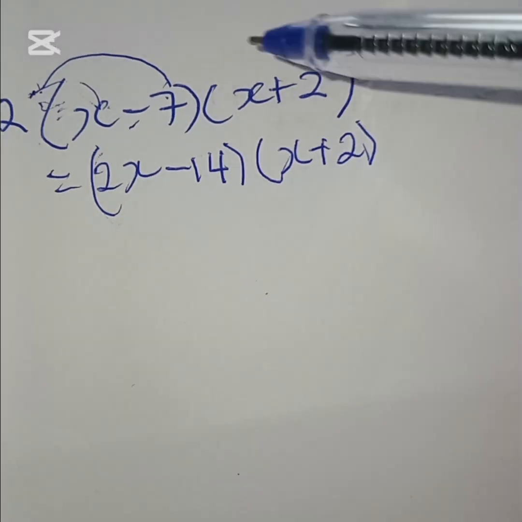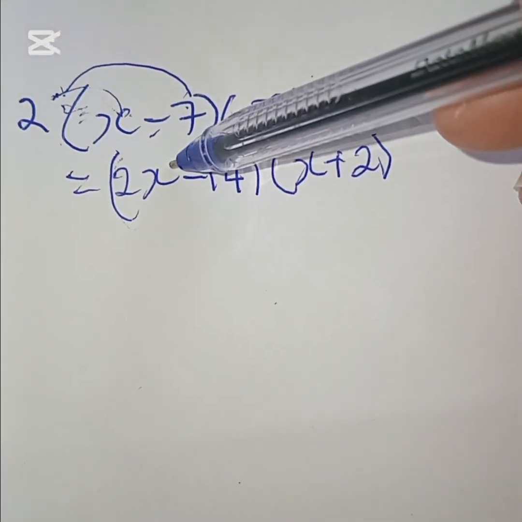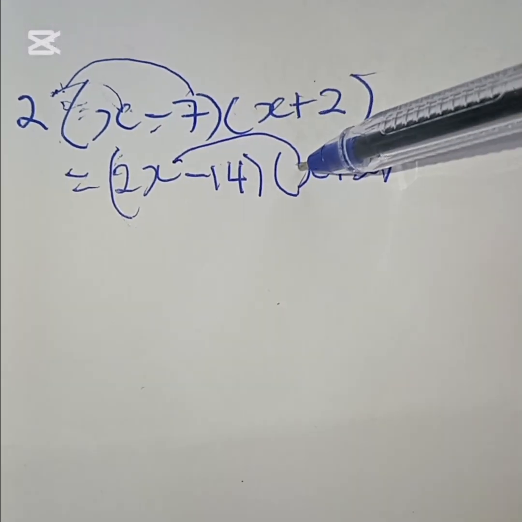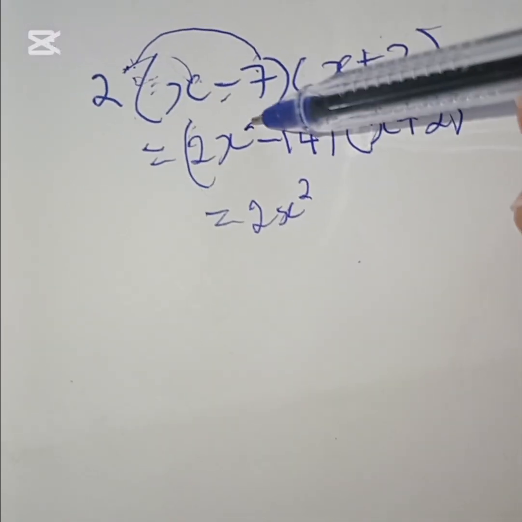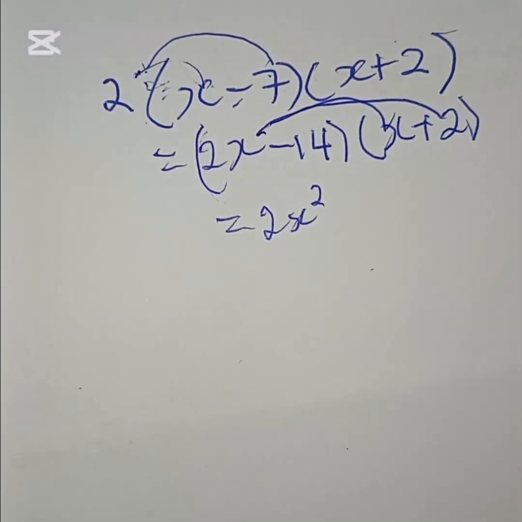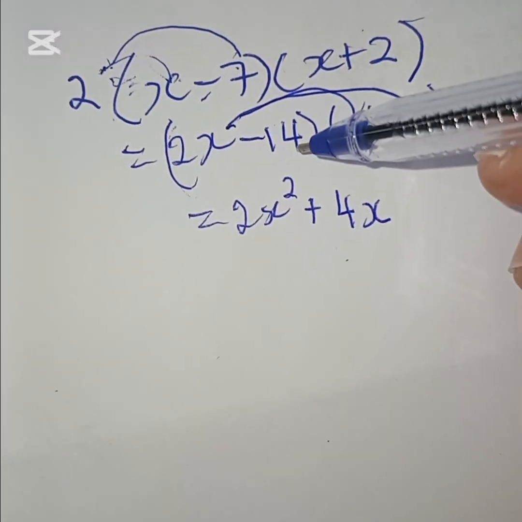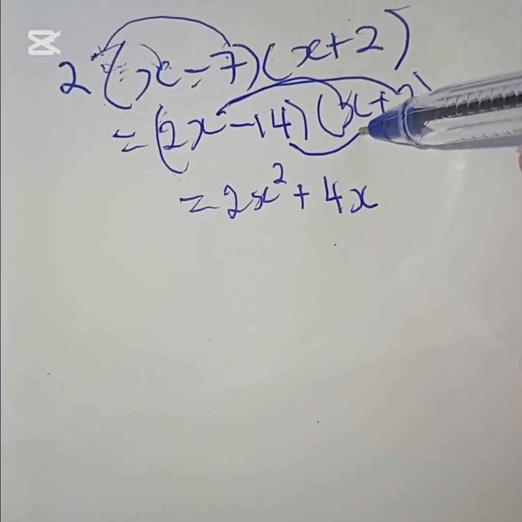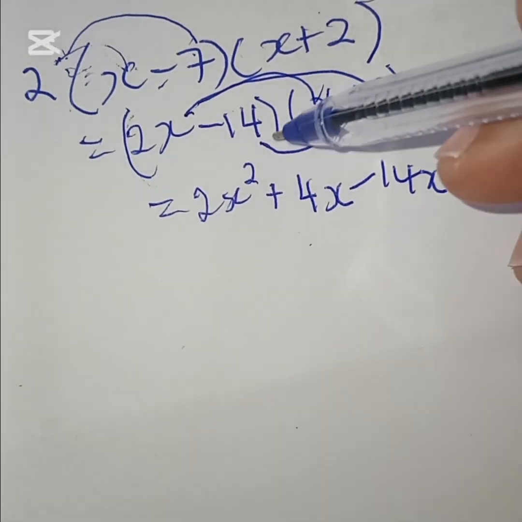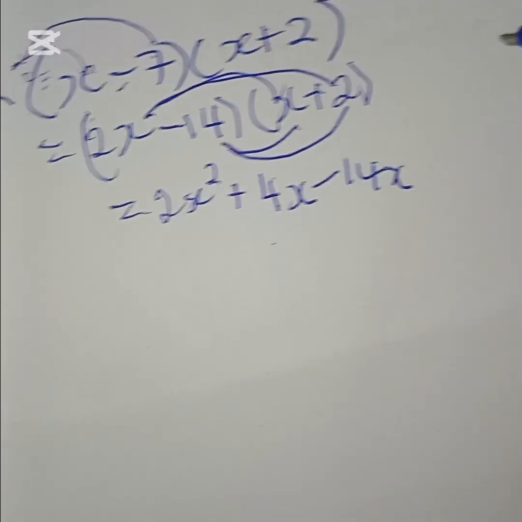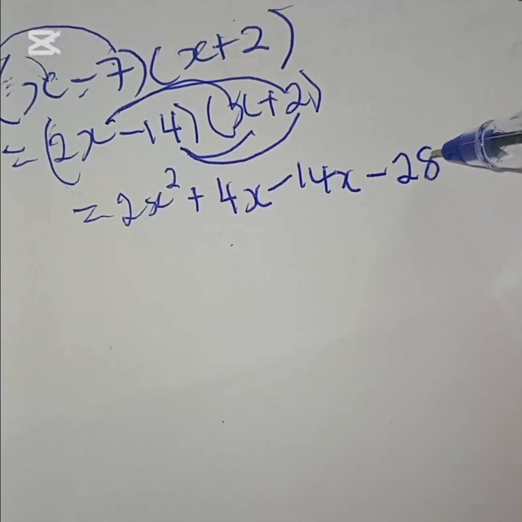So now we multiply the two factors left. So we go 2x times x gives 2x squared, 2x times 2 gives 4x, negative 14 times x gives negative 14x, and negative 14 times positive 2 gives negative 28.